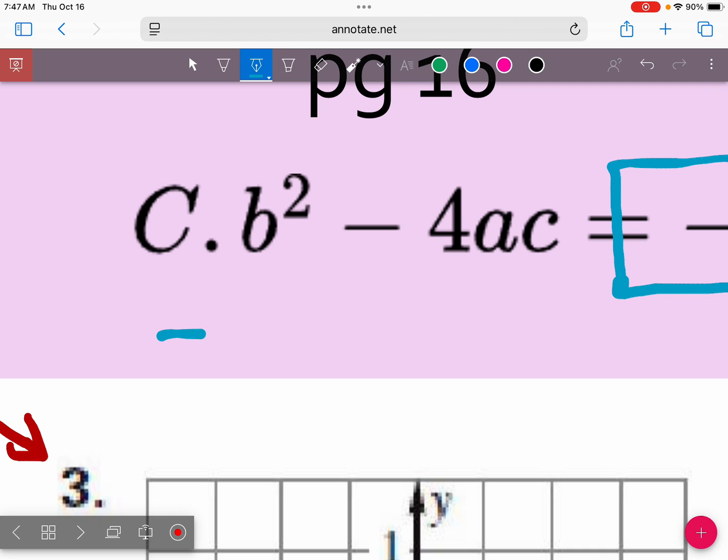Negative. If we have a negative discriminant, that tells us we're going to have what kind of roots? We're going to have no real roots. You could also think of that as 2 imaginaries.